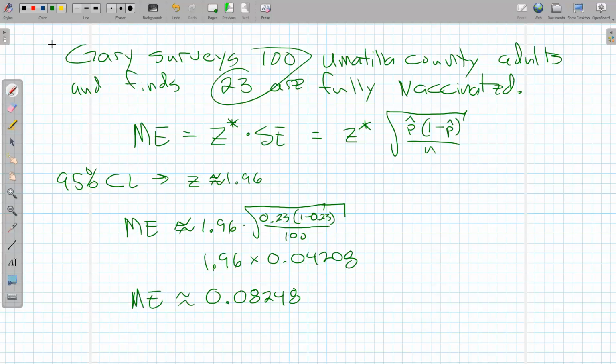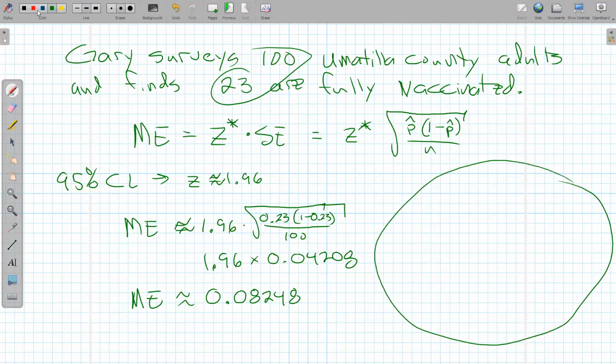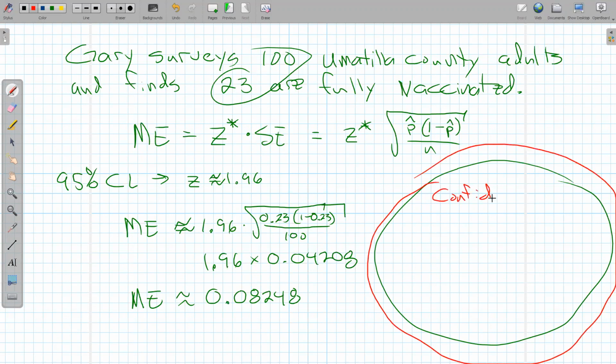So now for my confidence interval, one way I could state it is by saying it's centered at p-hat, plus or minus our magic z-score times the standard error.